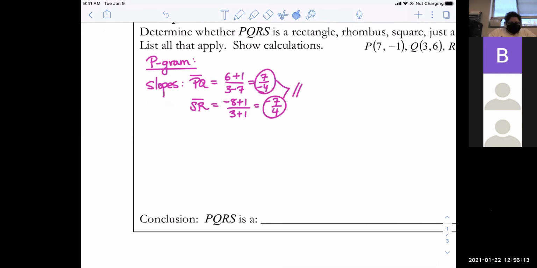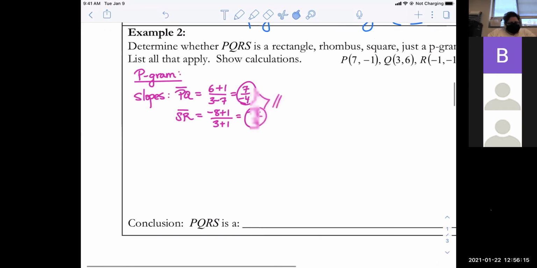Okay, so what's wrong with just stopping there and saying it's a parallelogram? Peter? One way to show parallelogram is to show those sides that are parallel are also congruent. But why do you have to do a second calculation? Why isn't it sufficient to just do the one pair of sides? Not sure. You want to phone a friend?